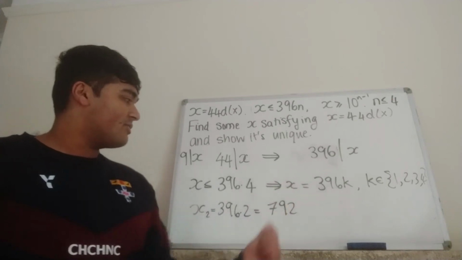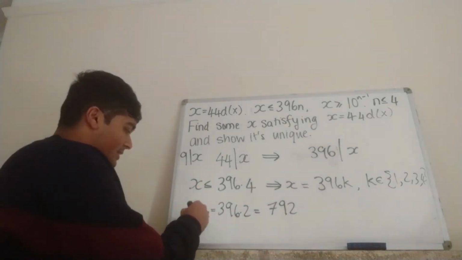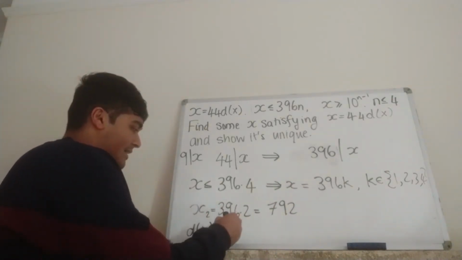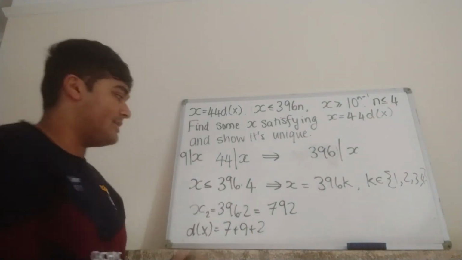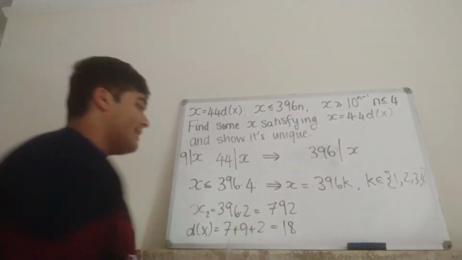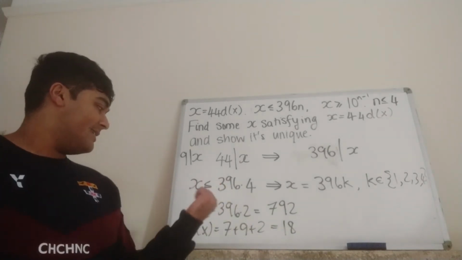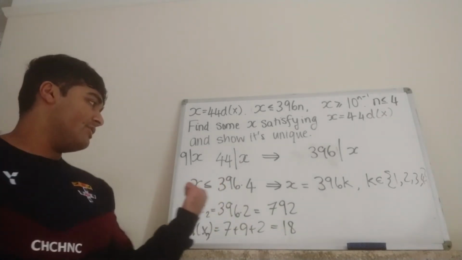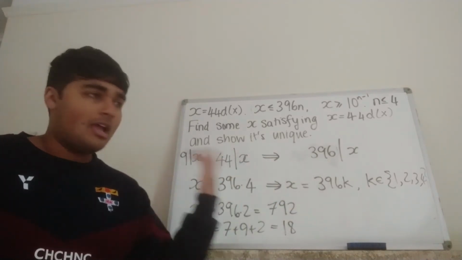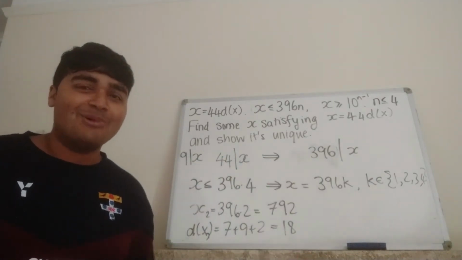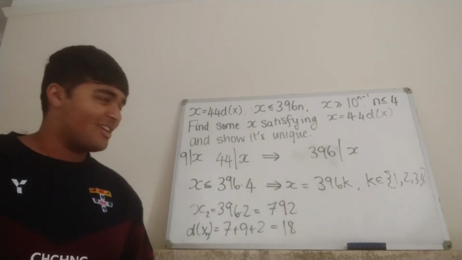Okay, 792, if we work out its digit sum, d of x is just 7 plus 9 plus 2. 7 plus 9 is 16, plus 2 is 18. And you can verify for yourself that indeed x2, 792, is indeed 44 times 18 by just doing your favourite method of multiplication or division, whichever you prefer.